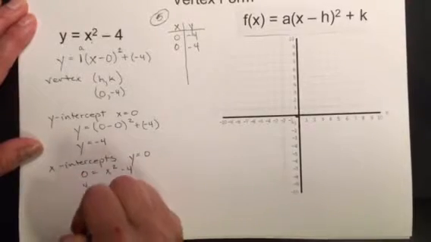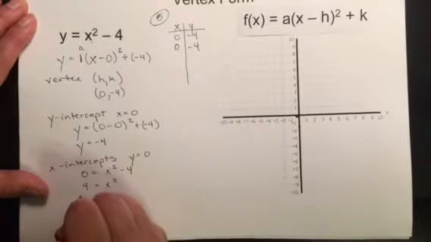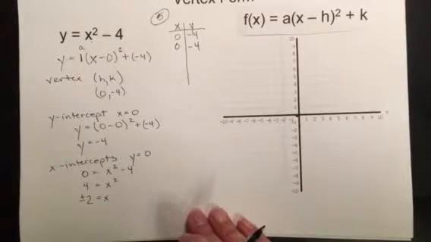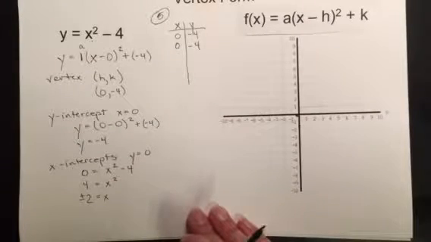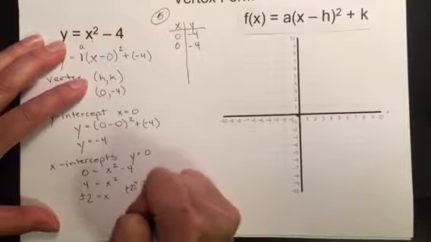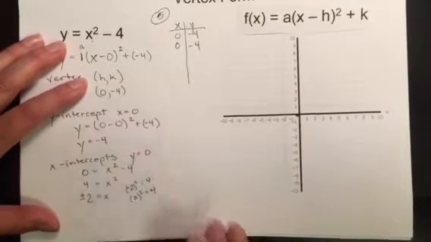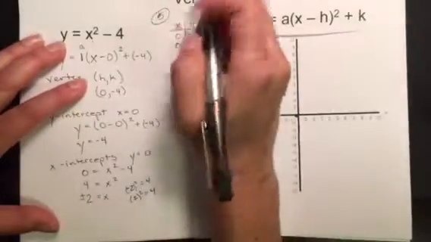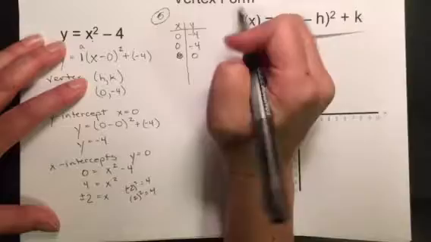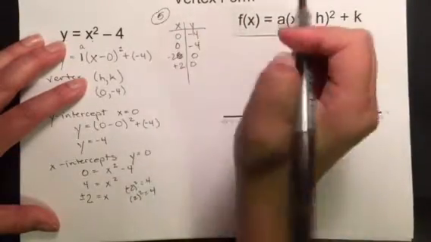Solve for x, so 4 equals x squared. Square root of both sides. Remember that when we take the square root, our answer is plus or minus, because if I take -2 squared, it's going to give me 4, and if I take +2 squared, that is also going to give me 4. So I have 2 more points here: (-2, 0) and (+2, 0).